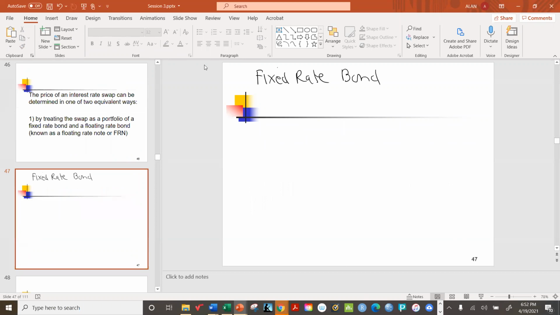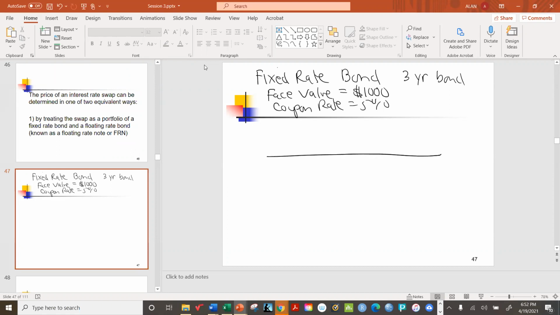So let's say that it has a face value of $1,000 and the coupon rate is 5%. And let's just keep it simple. Let's say it's a 3-year bond. So initially, we're here at time t equals 0.